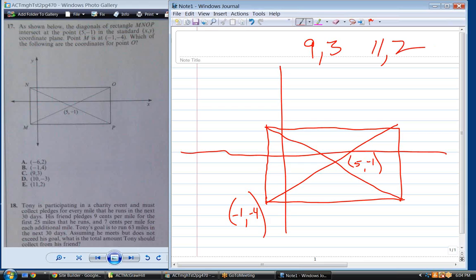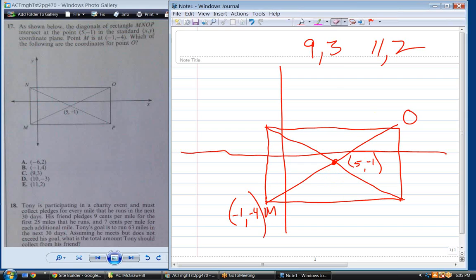Now let's review the math of it. What we know is that two diagonals of a rectangle bisect one another. So this is the midpoint between M and O. Let's not call it MP.